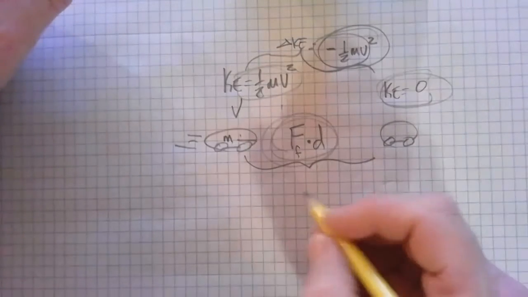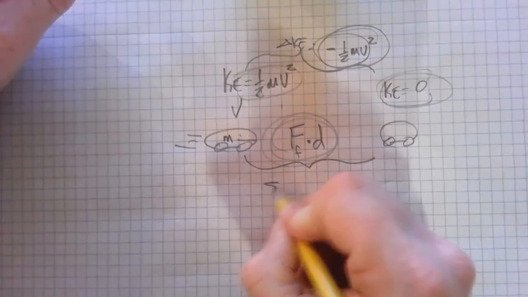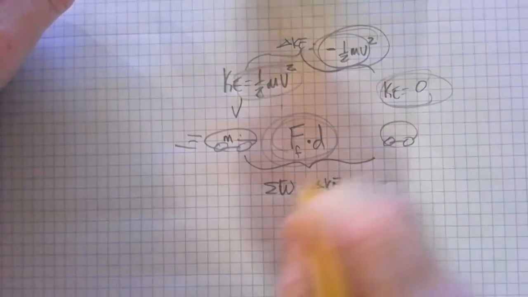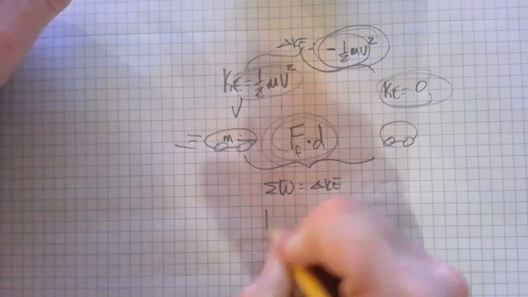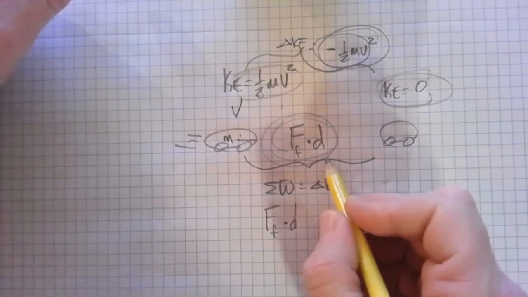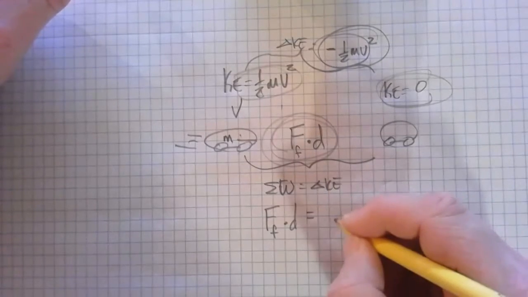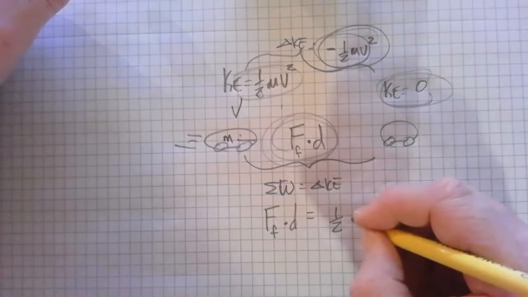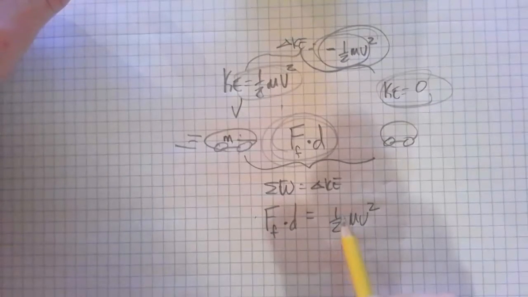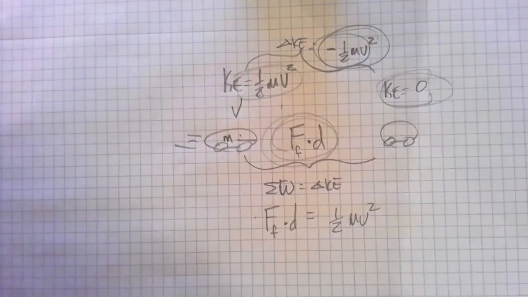Of course, normal and weight would be there. So the net work is equal to the change in kinetic energy, and for this scenario we have force of friction times whatever the displacement is equals 1/2 mv squared. The force would be negative, and so would the change in kinetic energy, so the negatives would cancel. Really just worry about magnitudes here.